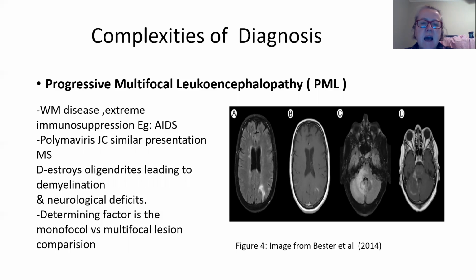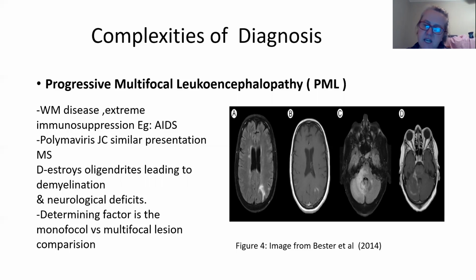So if we look here at PML, which is the progressive multifocal leukoencephalopathy, it's generally recognised as a white matter disease of extreme immunosuppression, and for example, an AIDS sufferer would have this, and it's as a result of a virus. And this virus destroys the oligodendrocytes, leading to demyelination.